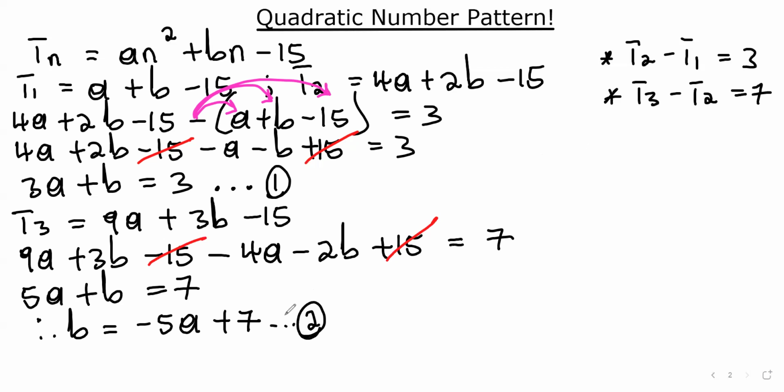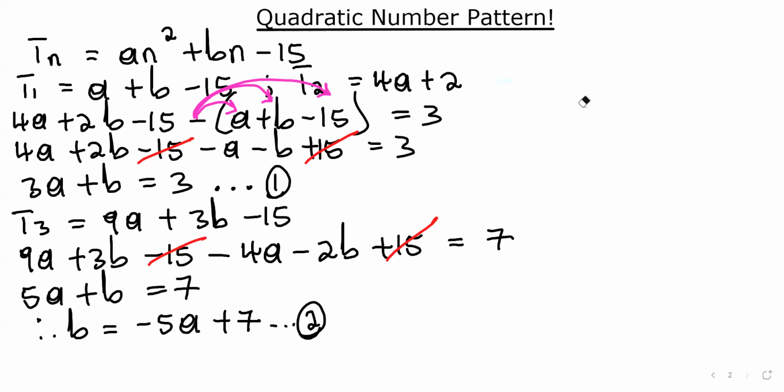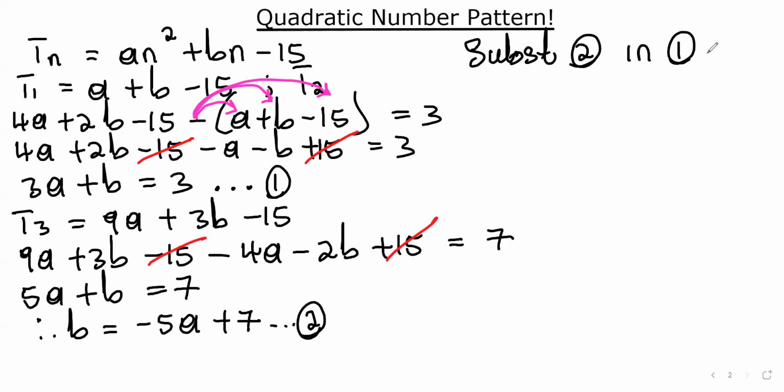Then you are simply going to substitute your second equation into the first equation, all right? Which means every time you see b, you are simply going to substitute it with negative 5a plus 7.